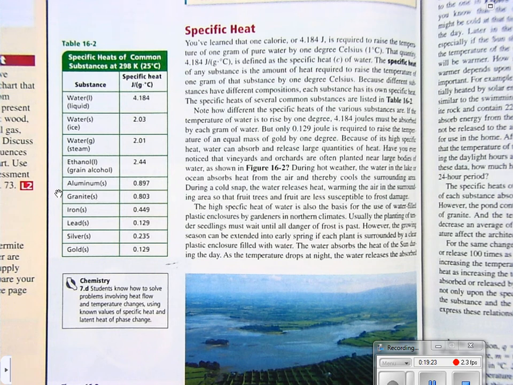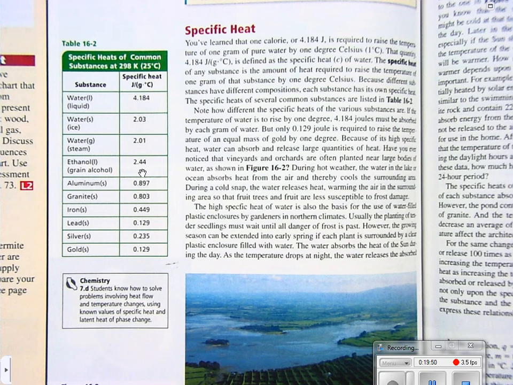So this guy is in the liquid phase. Notice that the specific heat is 2.44, where with water as a liquid, it's 4.184. So it takes a lot more heat to get rid of water than it does to get rid of ethanol.